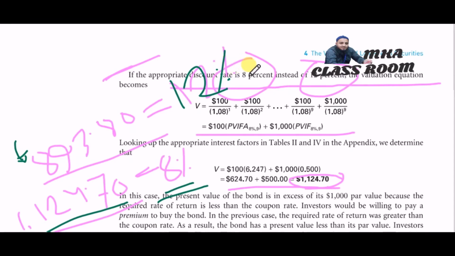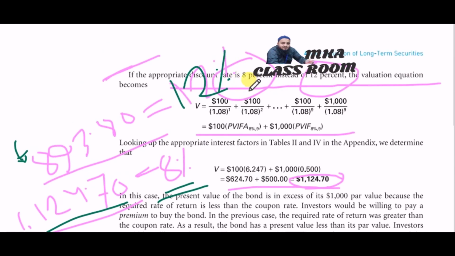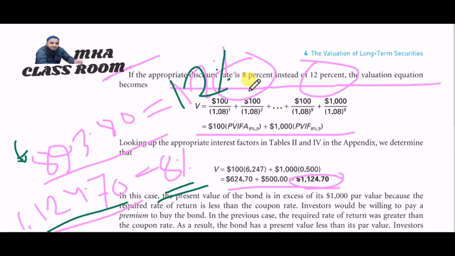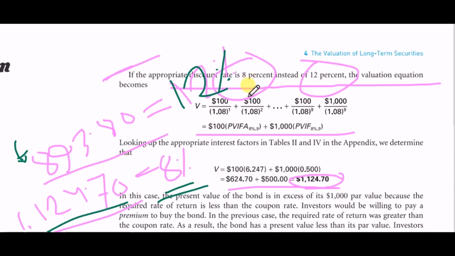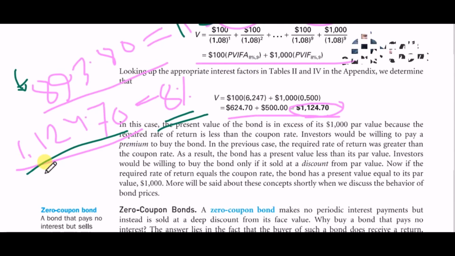So it should sell at a discount in the capital market. But with an 8% required rate, that means 80 taka per year, this bond provides 100 taka. That's why it is selling at a premium.